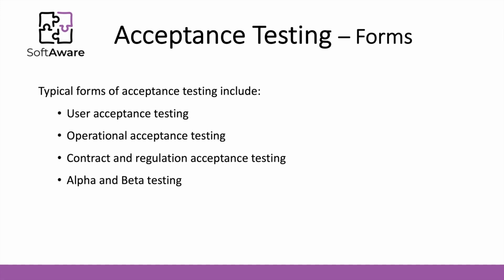Beta testing, or field testing, is performed by customers or potential customers at their own locations. Organizations may use other terms as well, such as factory acceptance testing and site acceptance testing for systems that are tested before and after being moved to a customer site. This is all included in acceptance testing in its several forms.